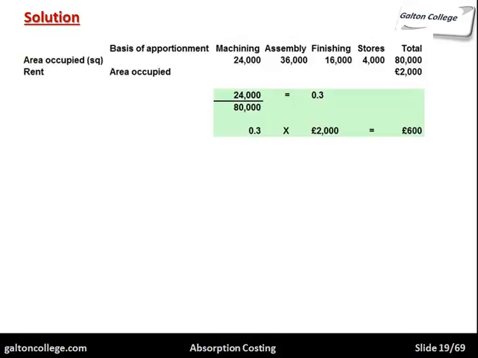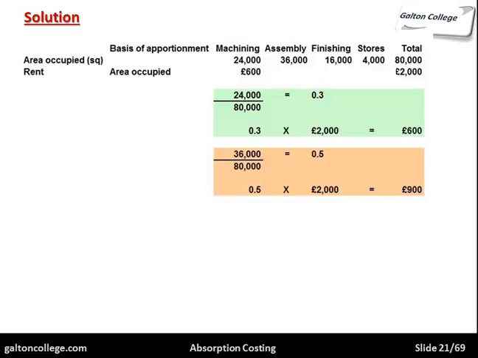In other words, the machining department should pay £600 of the total rent bill. That's their cost. So we put in the £600 there. So that's assigned to the machining department. For the assembly we've got 36,000 divided by 80, which is approximately 0.5, there or thereabouts.